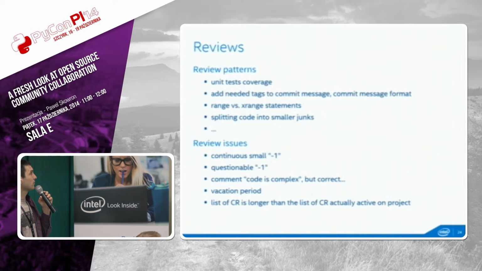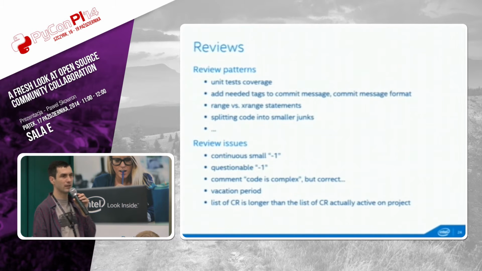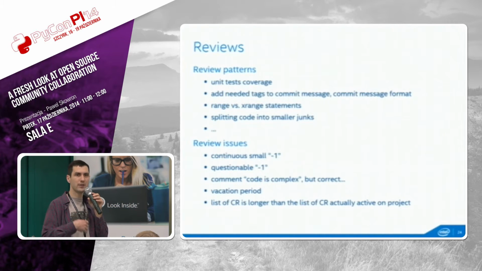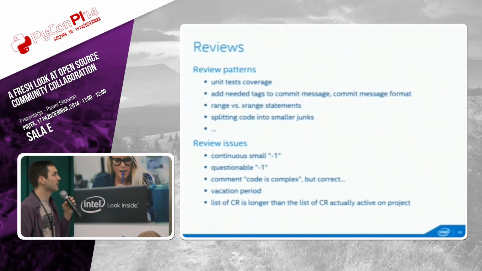For example, continuous small -1s. You give your code to code review and receive a -1, then you make the change and review it again, and you get a -1 for another file, and so on from the same reviewer. It just takes much more time compared to getting all comments at the same time.